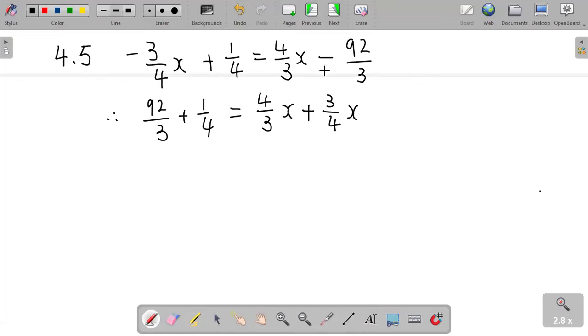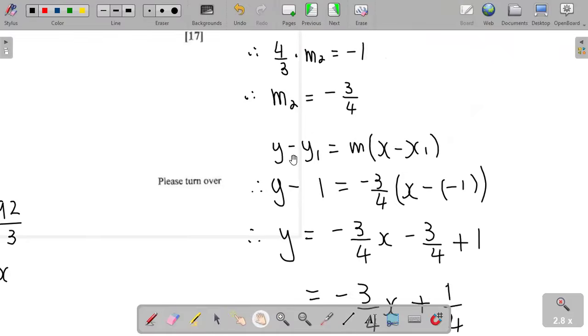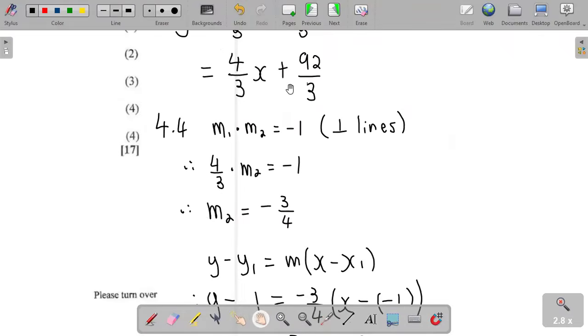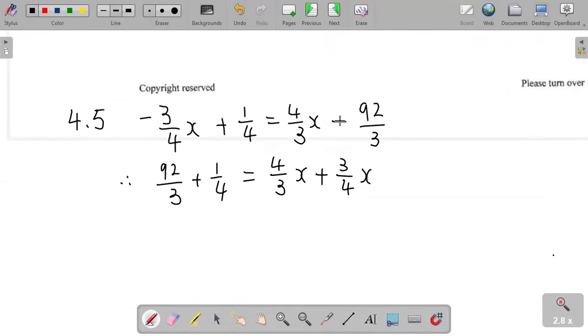Okay, wait, is it minus here or is it plus? Well, the equation here is plus, so it's going to be minus this side.